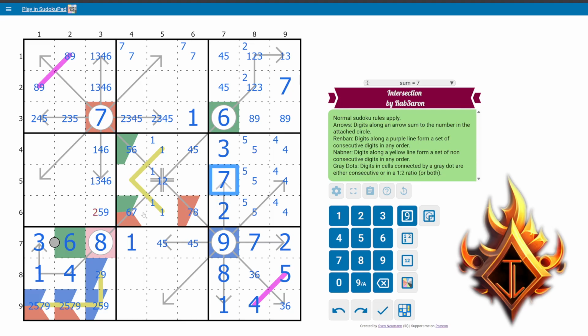And now 7 has to go at the top. It can't be on its own arrow. So it goes there. Same is probably going to do for 6. No, it's not, because it's not available there anyway. But it might do for that. I don't know. Okay, but we get a 7 here. So this is not red.